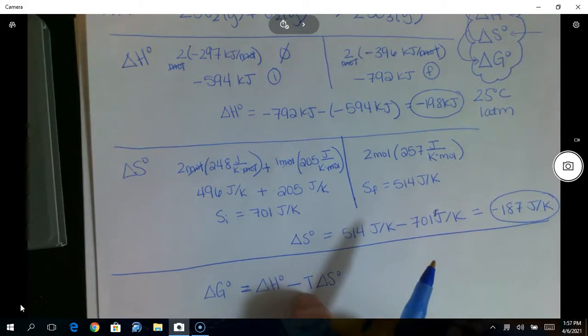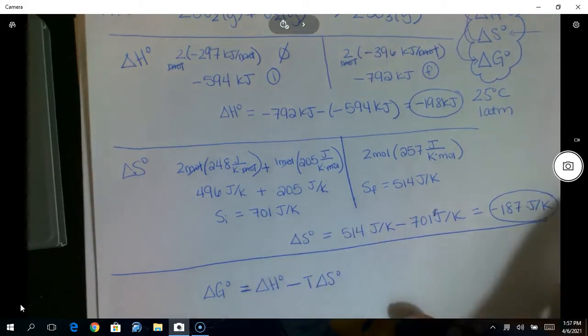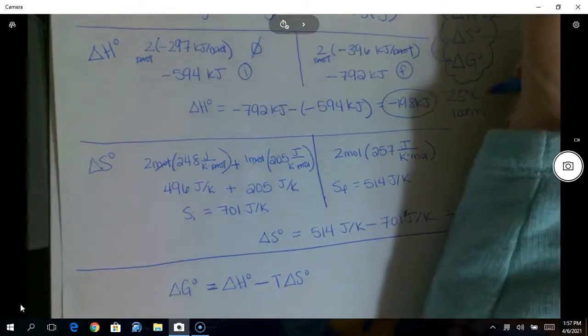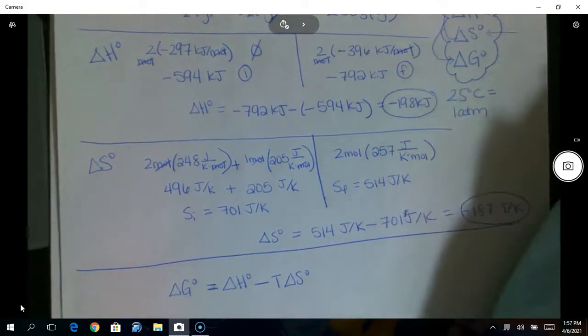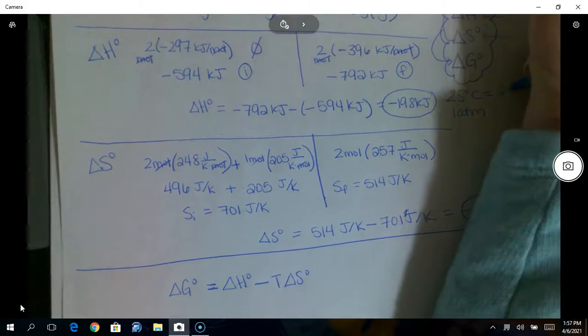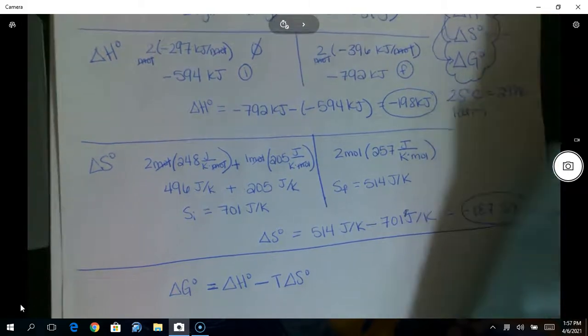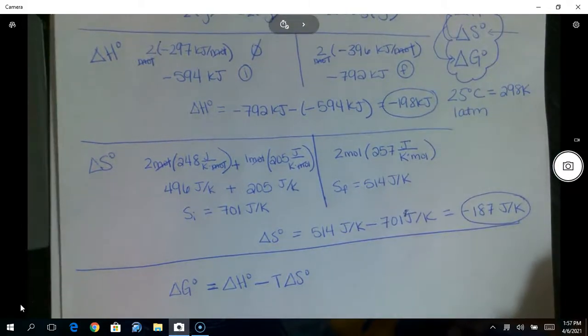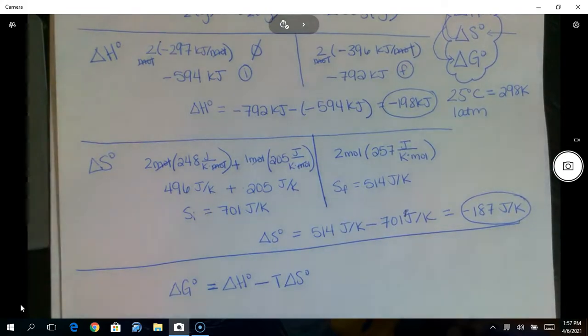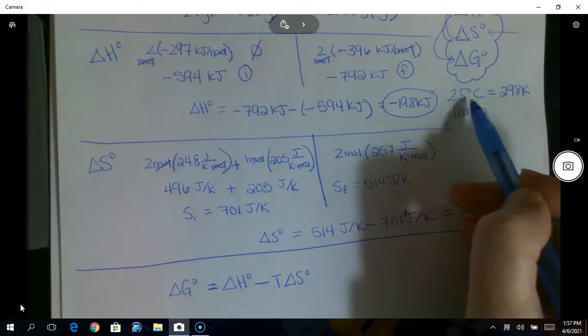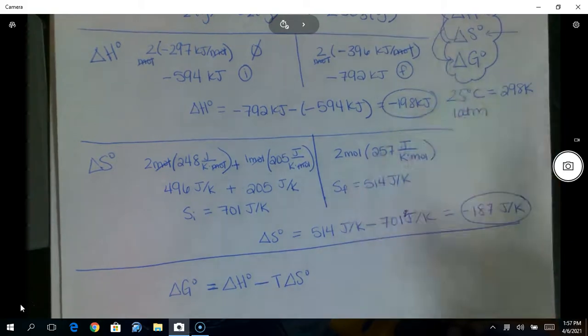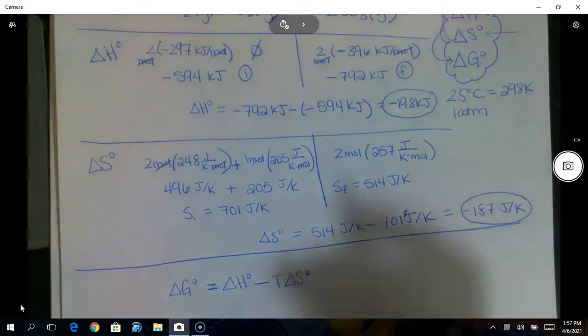Remember, we've got temperature here, so this has to be in kelvins. Never put a temperature in Celsius. So 25 degrees Celsius is the same thing as 298 kelvins. You're always adding 273. If there's more decimal places, just FYI, it's 273.15. I've never seen it go more than 2 out, but since we don't have anything after the decimal, we don't need to add anything to it.